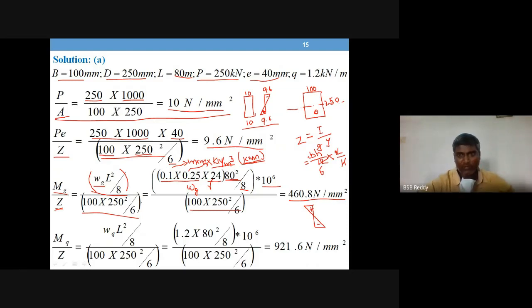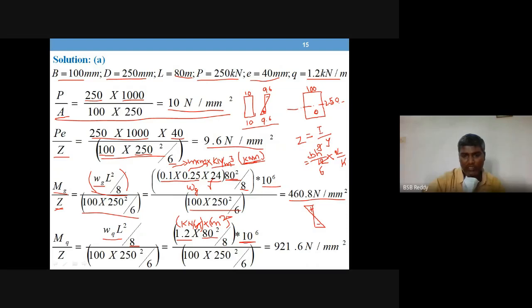Coming to the live load, it is just a given load value. WL square by 8 again because it is at center. So 1.2 and L square, 80 square by 8, into 10 power 6 as usual for converting to Newton mm, because this is kilonewton per meter into meter square. The meters go, and it will be finally kilonewton meter.